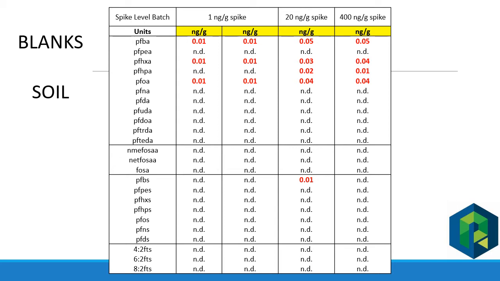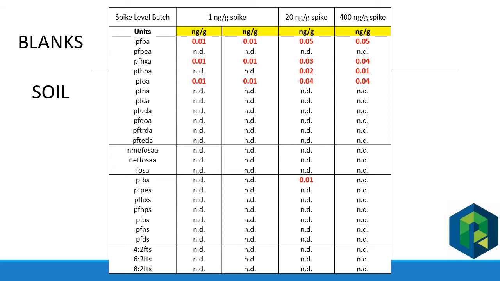Our blanks, I really want to show you this slide, because our blanks show that there is a low level of carryover between samples. To help you interpret this, we've got 3 top columns. We have 3 spike levels: a 1 nanogram per gram spike, a 20 nanogram per gram spike, and a 400 nanogram per gram spike.